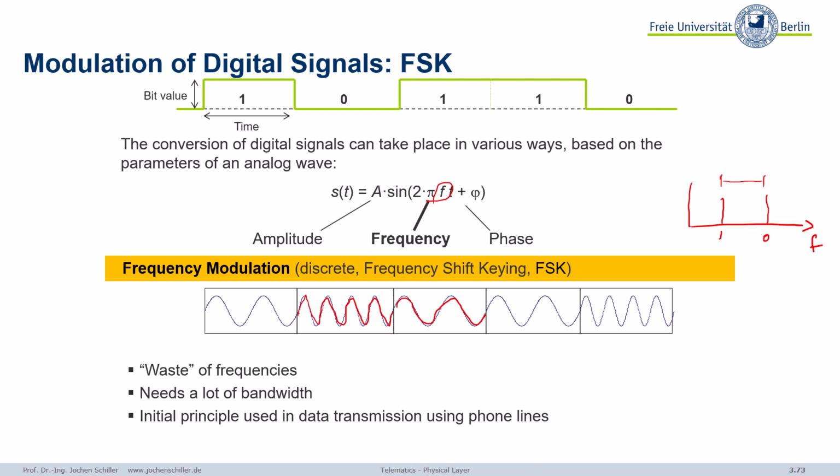but that's the initial principle used in data transmission over the phone lines. So maybe if you watch these old movies, you hear these certain sounds of beeping at different levels, and this beeping actually encodes the bits. So you had different frequencies for sending zeros and sending ones, and also for the received zeros and received ones.